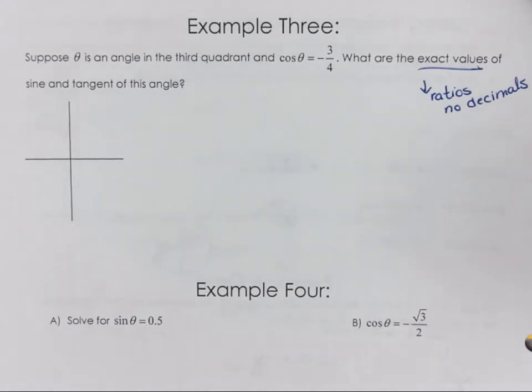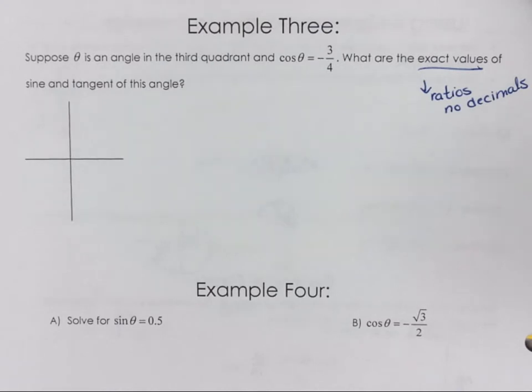Where is it positive? Quadrants 1 and 4. So that means it's negative in 2 and 3. That's why I had to tell you what quadrant you were in, because there really are 2 possibilities. You could be in quadrant 2 or you could be in quadrant 3. Does that make sense to everybody?